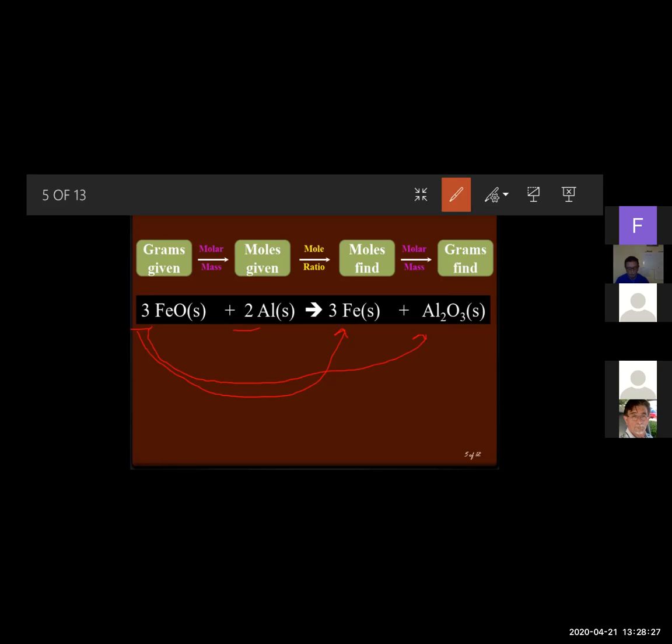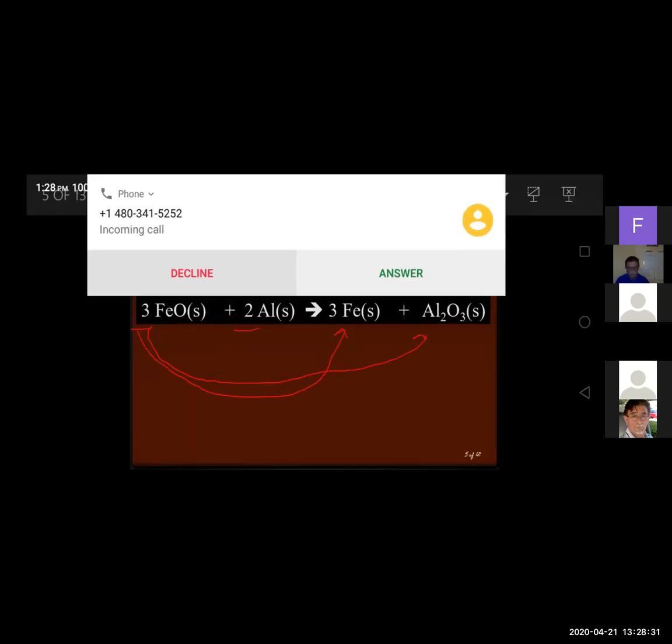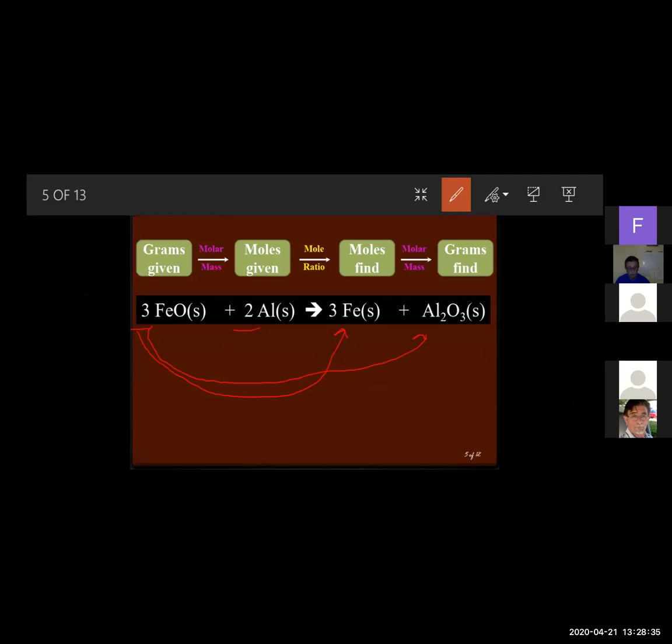You do the same thing with aluminum: 2 aluminums require 3 iron(II) oxides, and 2 aluminums will give us 1 mole of aluminum oxide.